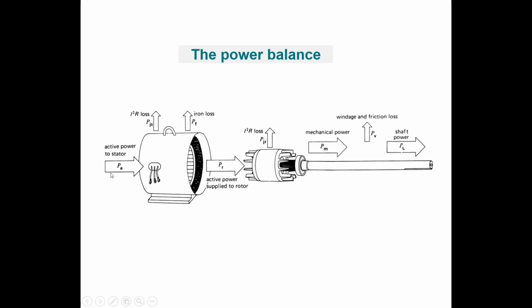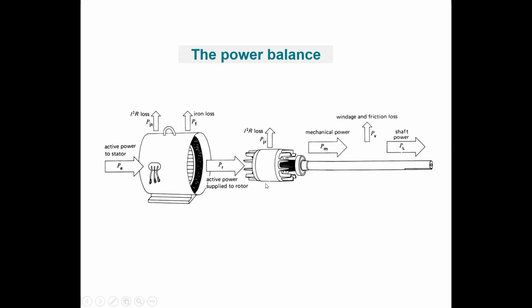And these coils are situated in the stator, which is made of iron, so we also have iron losses. The input power minus the copper losses minus the iron losses is the active power supplied to the rotor, which makes the rotor turn and is available for generating the output torque.